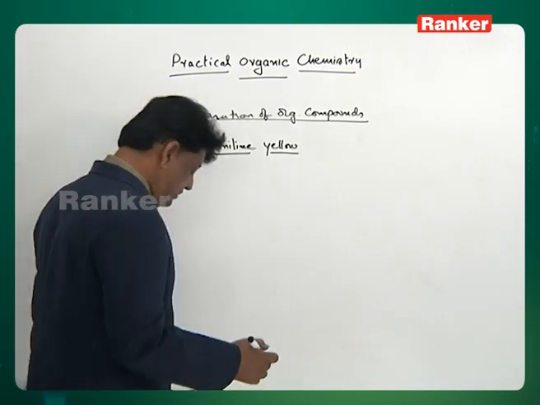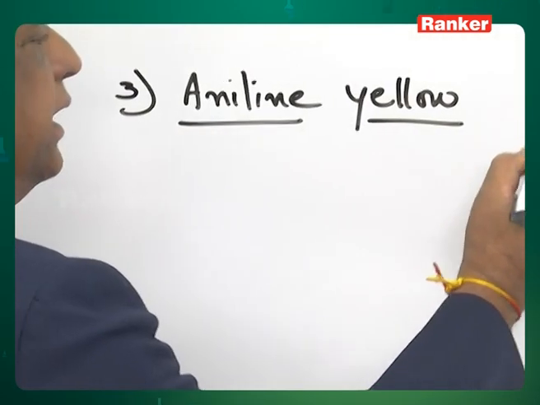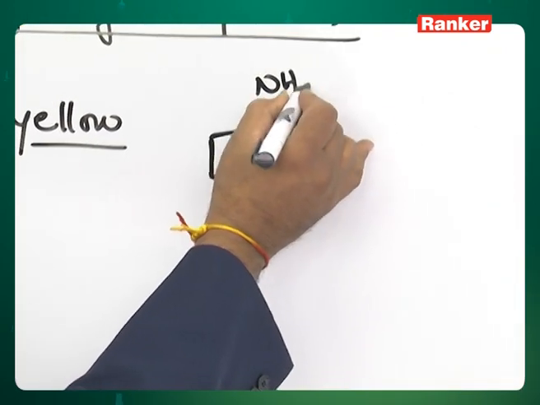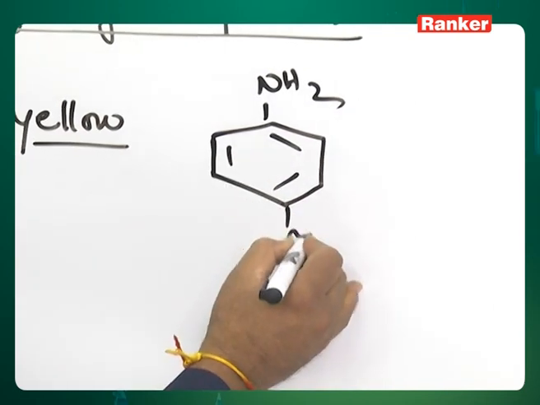So, aniline yellow, this is the third compound. This is formed from aniline and a diazonium chloride.